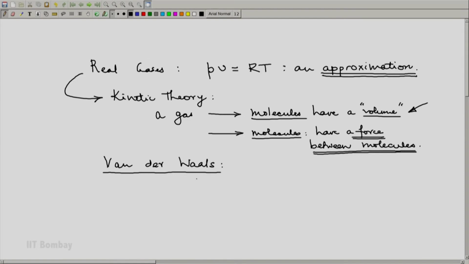The ideal gas approximation is simply PV equals RT. The Van der Waals model modifies this: (P plus A by V squared)(V minus B) is RT.